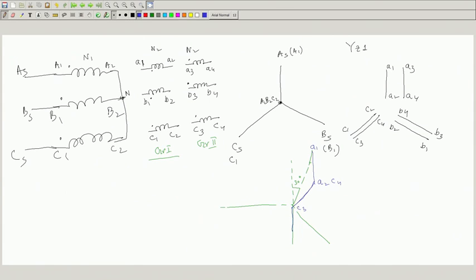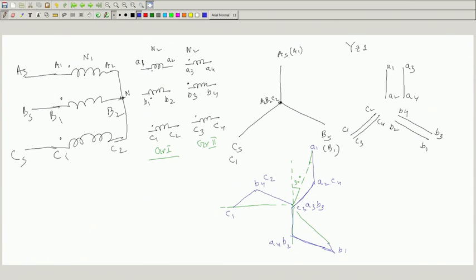Similarly, this fellow can be broken up into these two phasors, and this is B1, B2 and this is A3, A4, and this can be broken up into these two phasors, this one parallel to B3, B4 and this is parallel to C3, C4, C1, C2, is not. Then based on this I come here and connect accordingly.